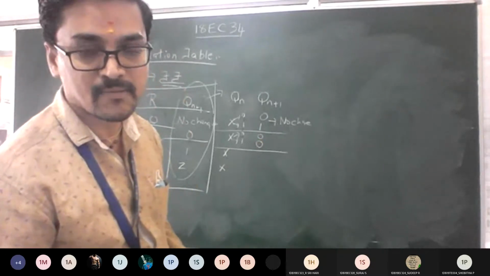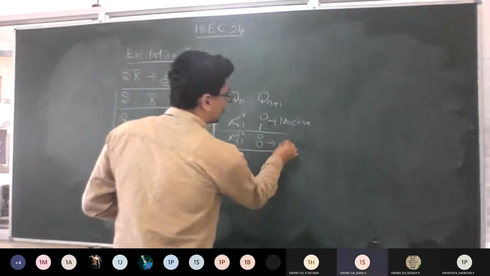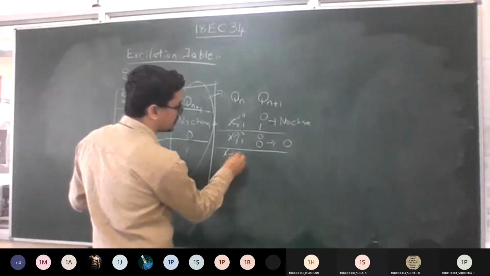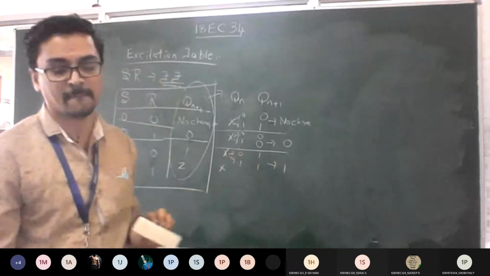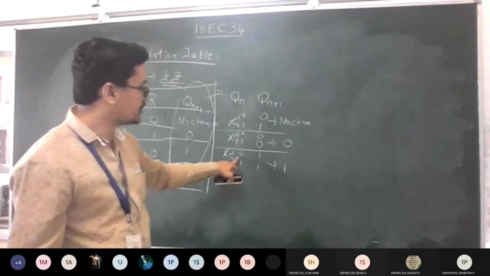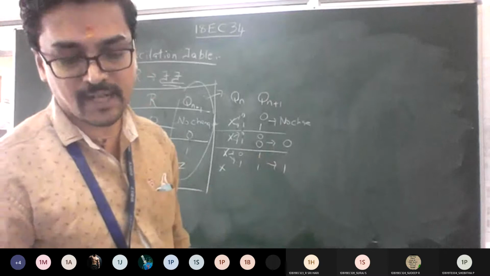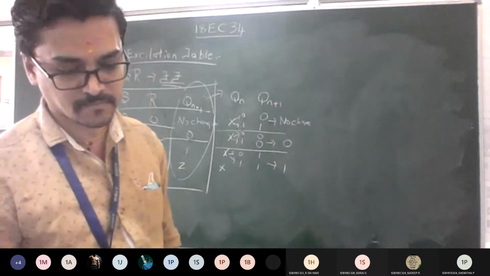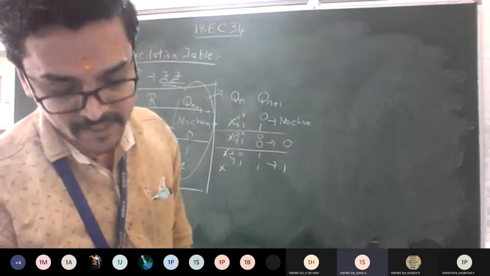So this is your second output. Similarly, coming to the 1, 0 category, if I give don't care as 0 or 1, the output always remains 1 only. For the 1, 0 condition, whether you give this as 0 or 1, the output stays 1 itself. Am I clear with the 1, 0 combination?